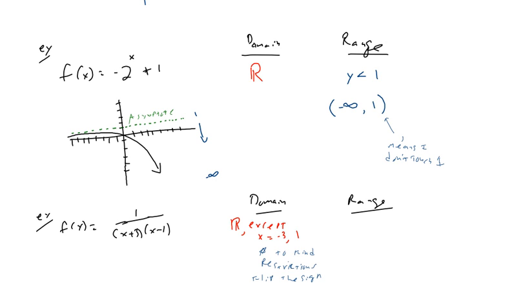For the range, let's take a look at this graph. This graph is very interesting. At negative 3 and positive 1, we are going to have our domain restrictions.